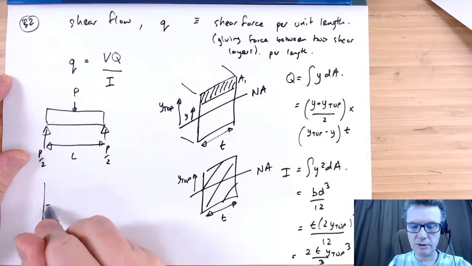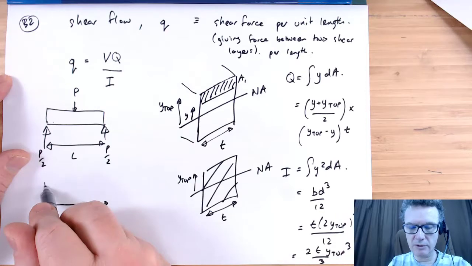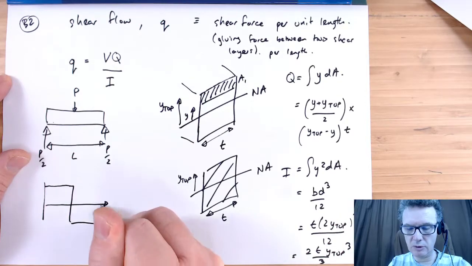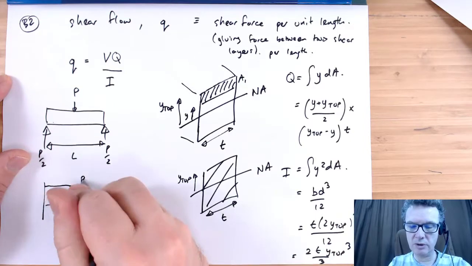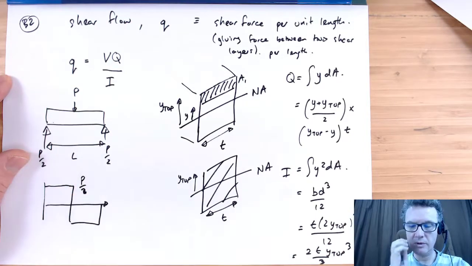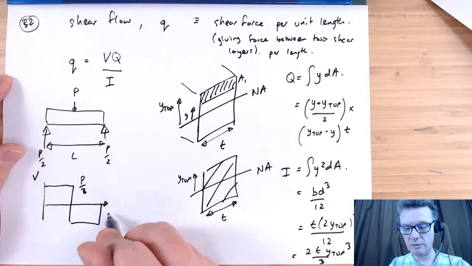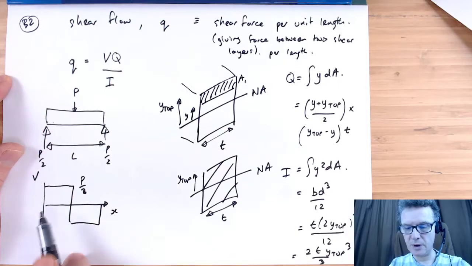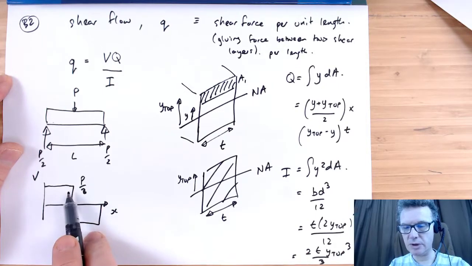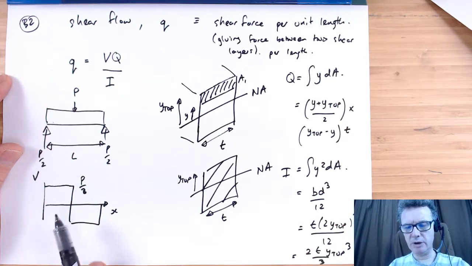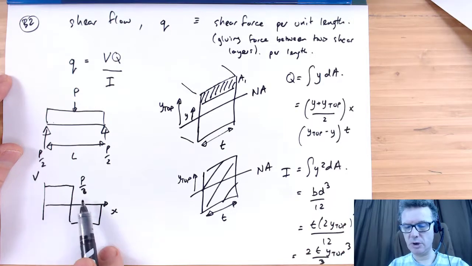Your shear force diagram will therefore be P over 2, drop P, move along, so we've got minus P over 2 here. Okie dokie. So this is your shear force diagram with respect to x. We can see that we get a sudden switch in shear flow. It'll be going in one direction, and then it's going in the opposite direction as we go past the loading.